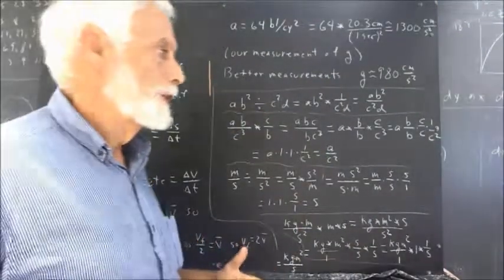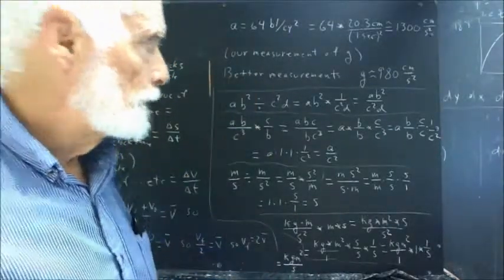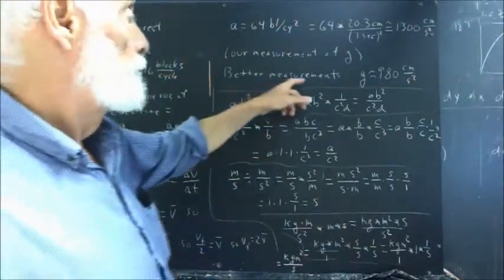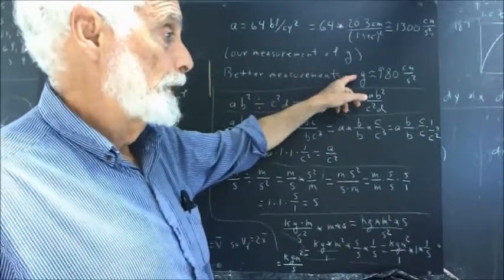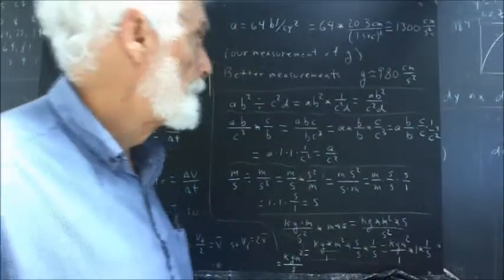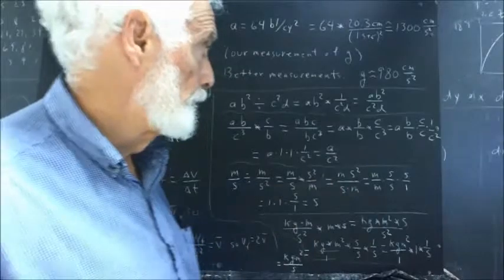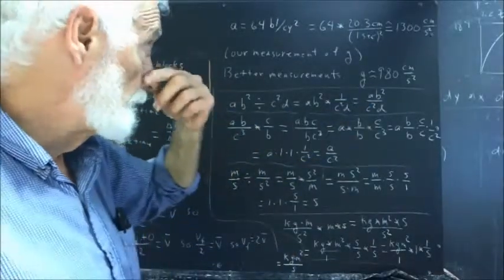At all points on the surface of the Earth that aren't at the top of really tall mountains, the acceleration of gravity is pretty close to 980 centimeters per second squared. It might vary by 1 or 2 centimeters per second squared from point to point, but it won't vary by much.